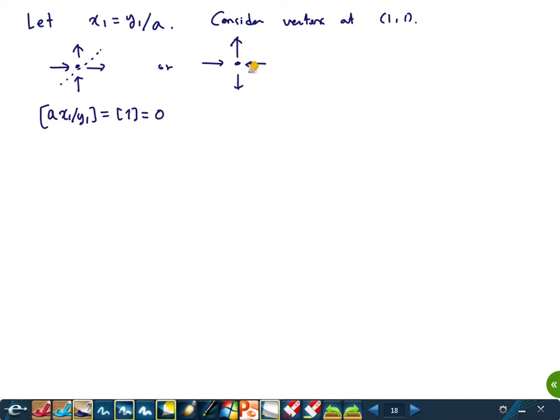So this is 0. What about this one? Here it's a horizontal molecule, so the weight is z, which is 1 over a. So the weight of the first being 0 means that we need to consider only this one. We can ignore the other because its weight is 0.